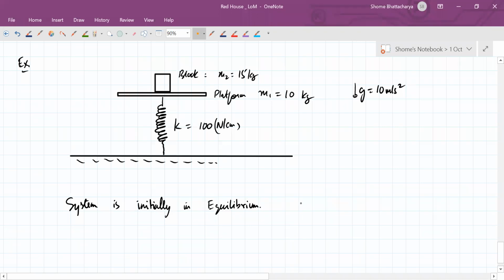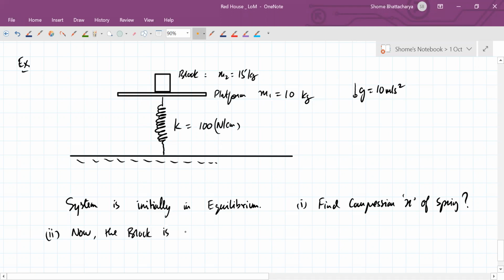So first, find the compression x of the spring. Now the second part is more interesting. Now the block is suddenly removed by some external agent.